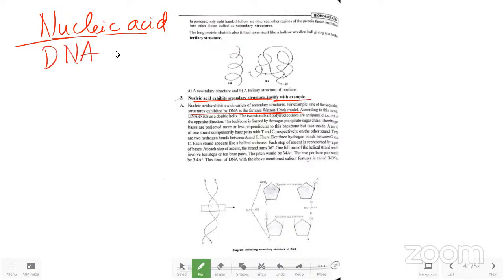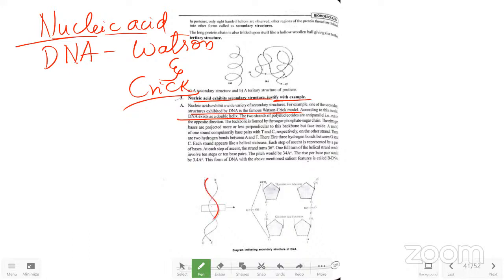This was given by Watson and Crick. The secondary structure of DNA is nothing but the secondary structure of the nucleic acid, and this is explained with the double helical model of the DNA.